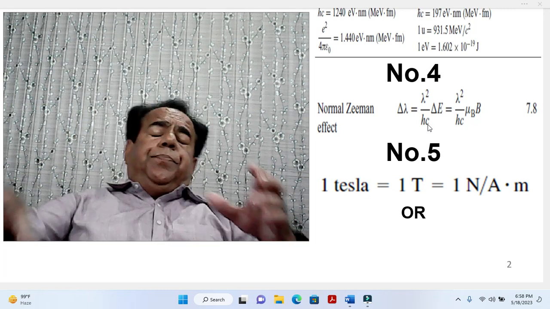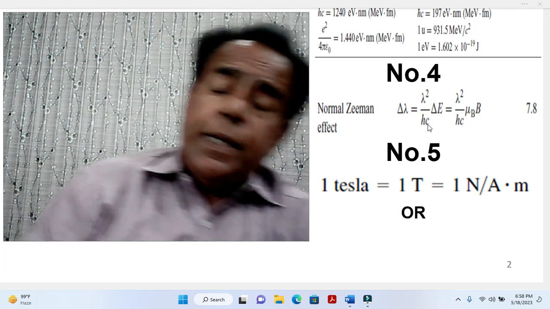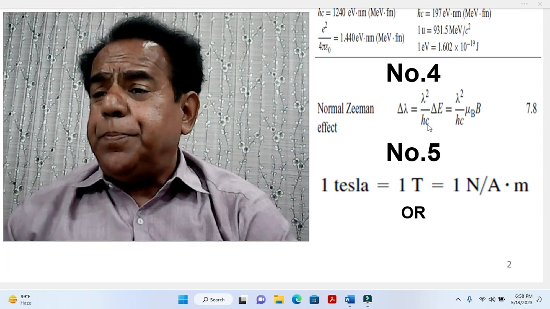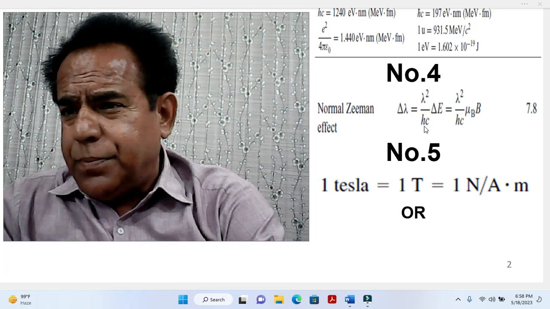We will define this term in another helping tool which will come hereinafter.